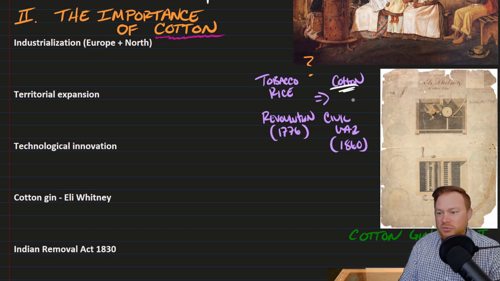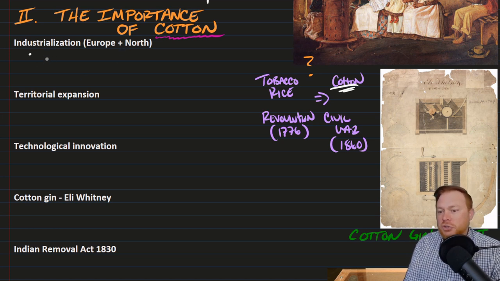So the first star, or the first puzzle piece, is industrialization. When we look at industrialization, the rise of the factory system, whether in Europe or in the northern United States, this was a way of manufacturing at a much more efficient rate.